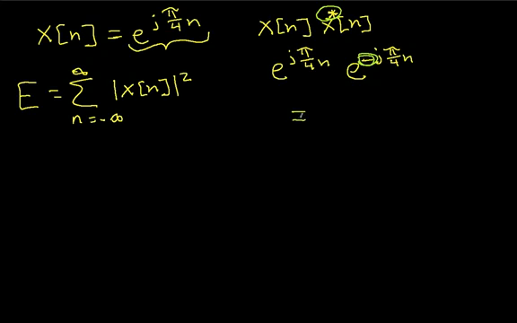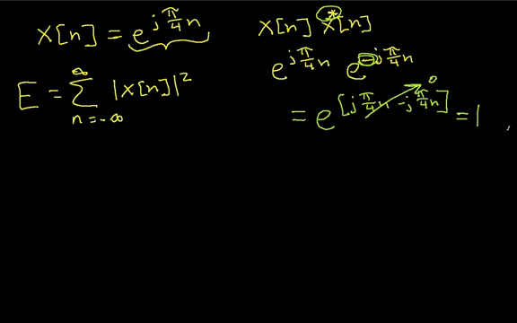Now when I multiply these two out, I have e to an exponent times e to another exponent. So this is going to be e to the sum of the exponents, j pi over 4n minus j pi over 4n. This term minus this term is 0, so the whole thing is e to the 0, which is just 1.